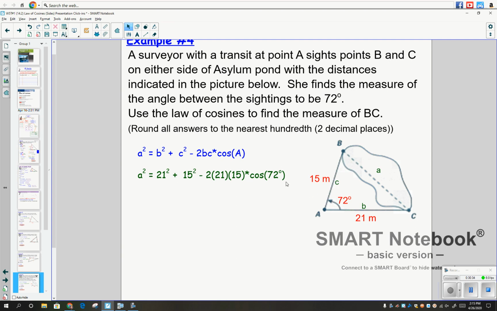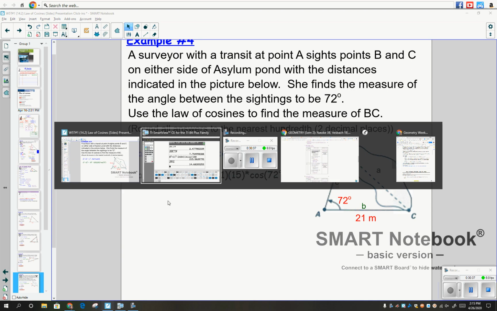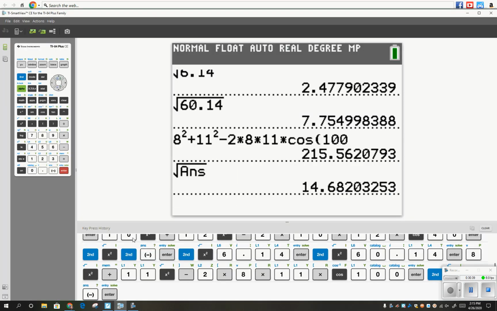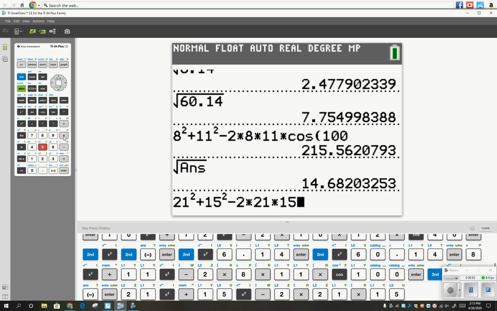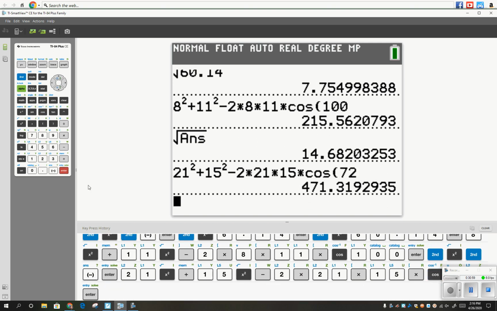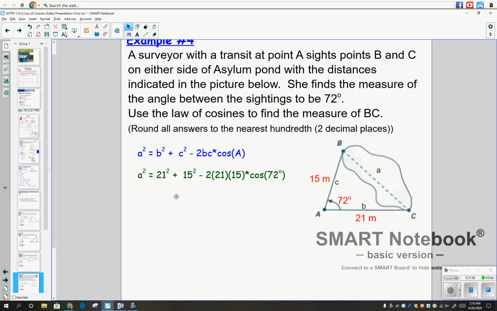I can type that into my calculator. 21 squared plus 15 squared minus 2 times 21 times 15 times cosine of the angle, which is 72 degrees. I get 471.3192.